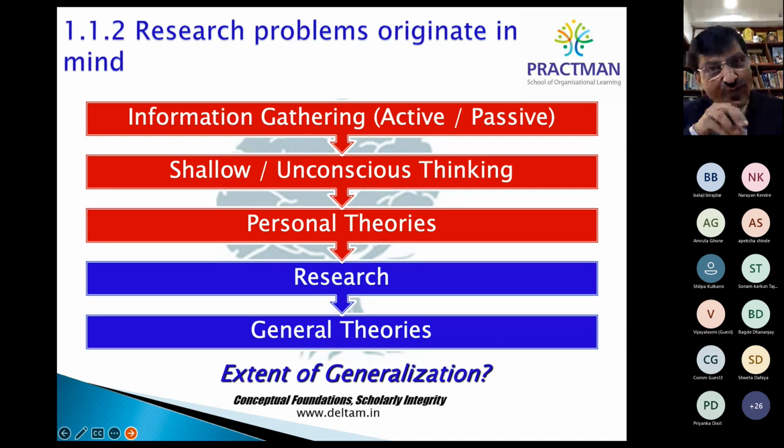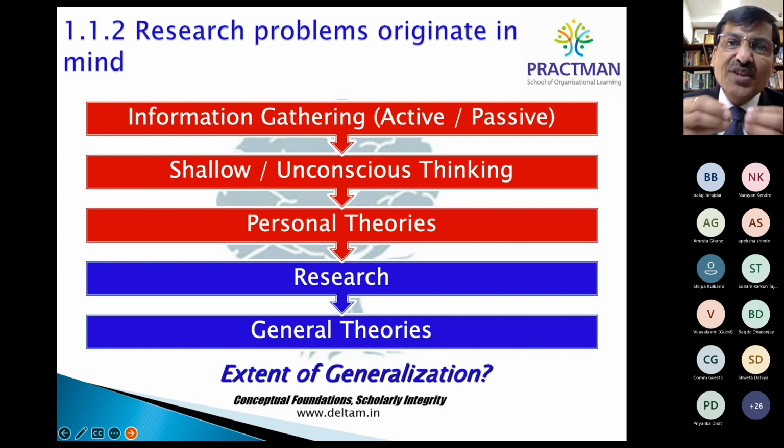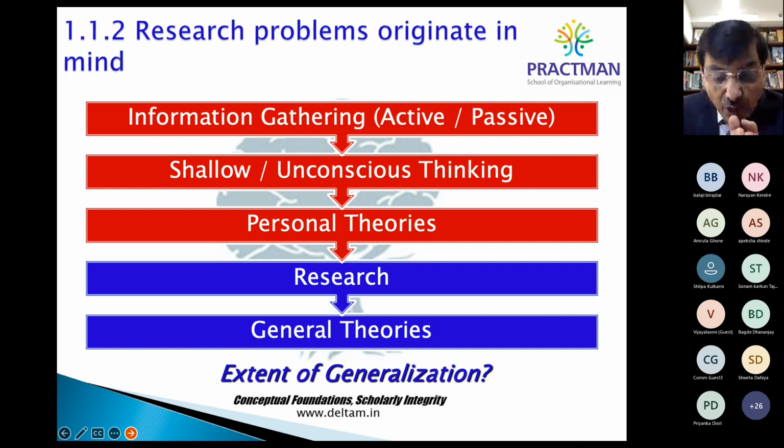Now, are the findings of your research applicable at least in that sector as a whole, or are they applicable only to the sample which you have studied, or only to the kind of company which you have studied, or only to a small number of people? Then the generalization across the space is very low.